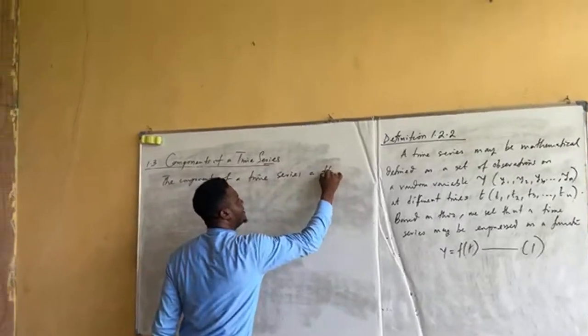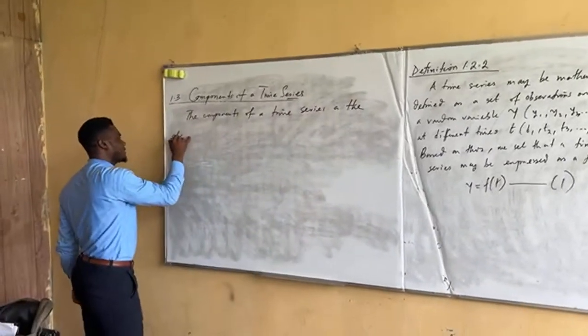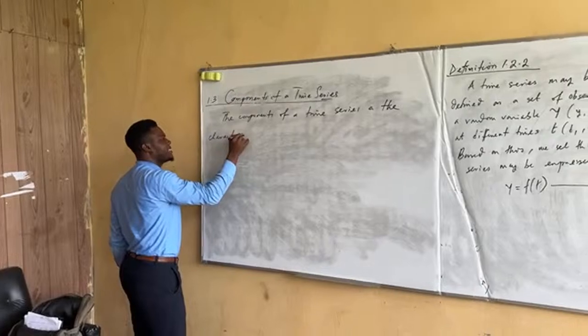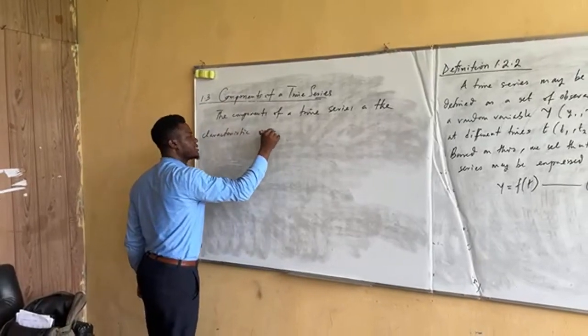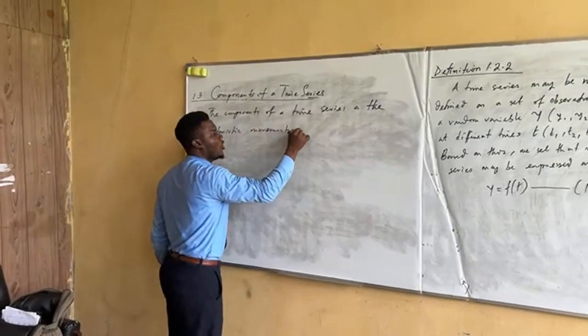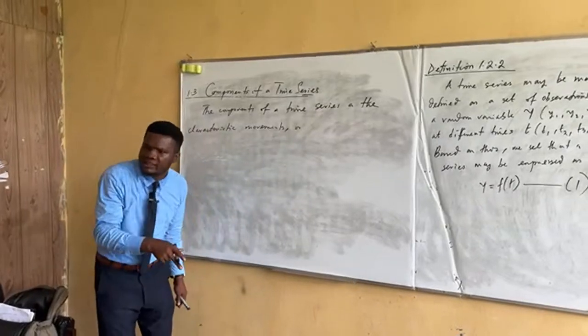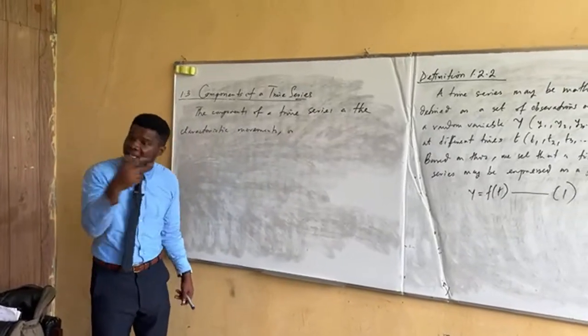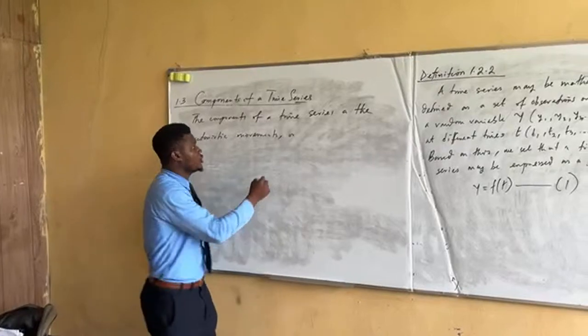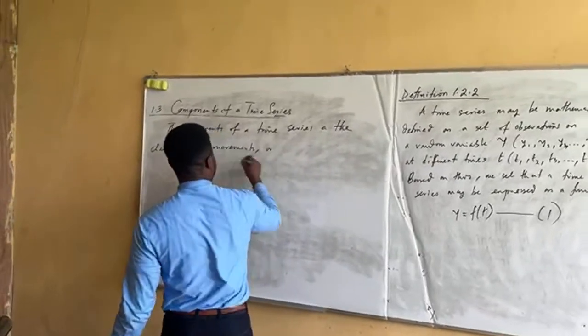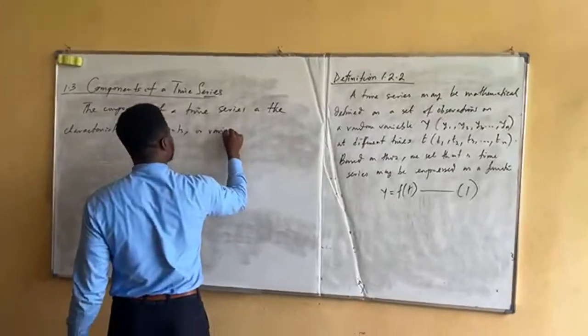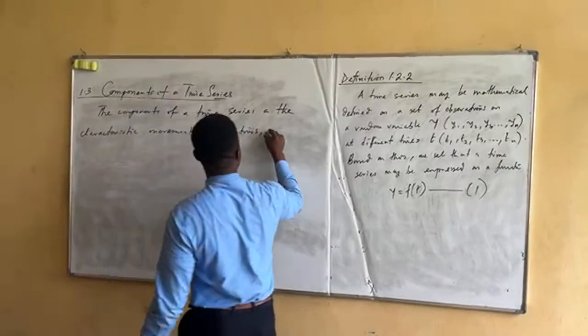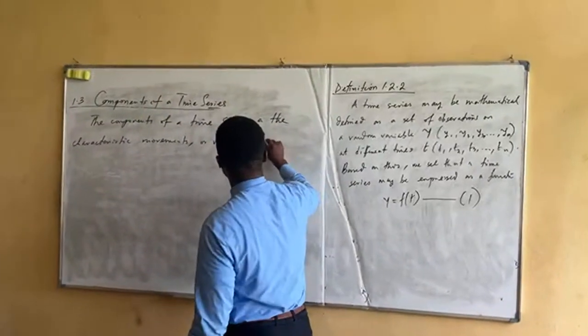are the characteristic movements. If you don't want to call them characteristic movements, you can call them characteristic variations, or you can call them trends.